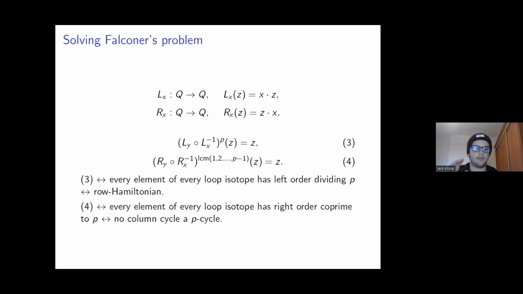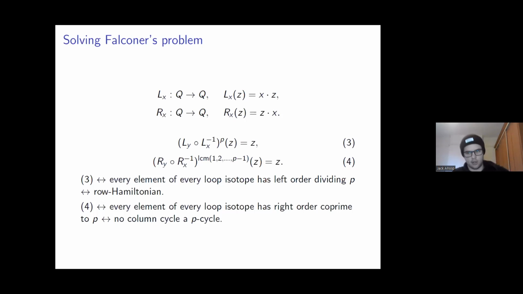Now, if a loop satisfies the second identity, then that's equivalent to saying that every element of every loop isotope has right order coprime to P, which in the case where Q is finite is equivalent to saying that no column cycle of Q is a P cycle. And we showed that the loop variety defined by these two identities is a non-trivial anti-associative isotopically L-closed variety.